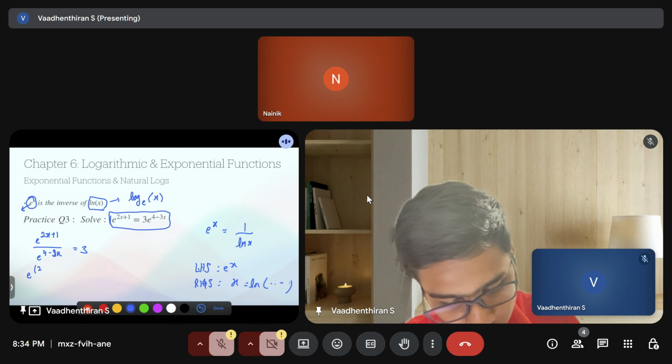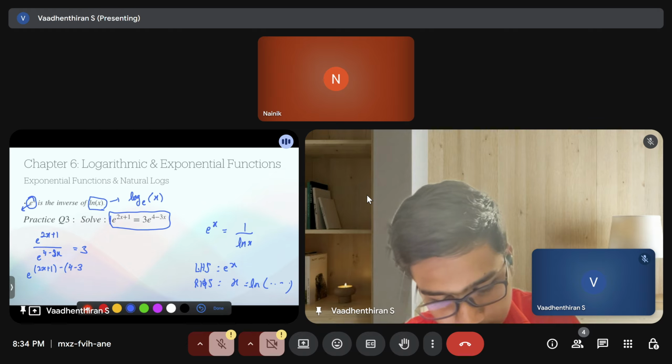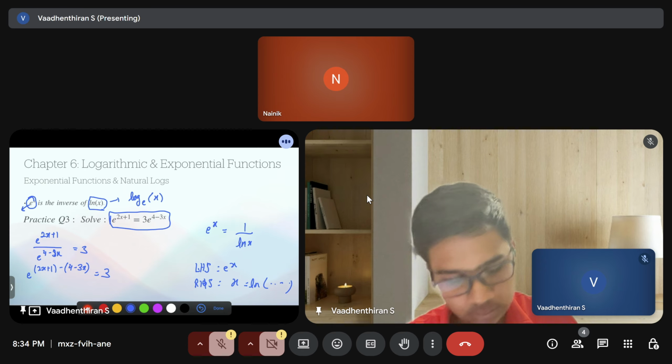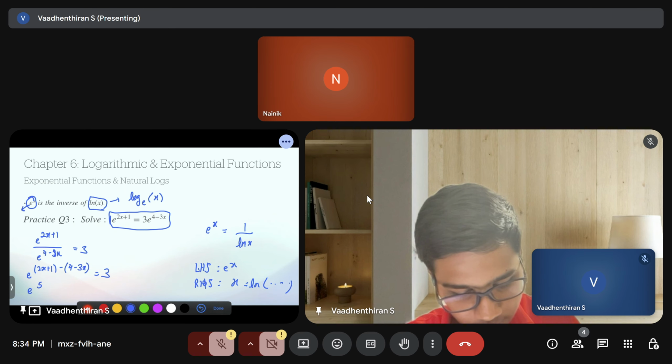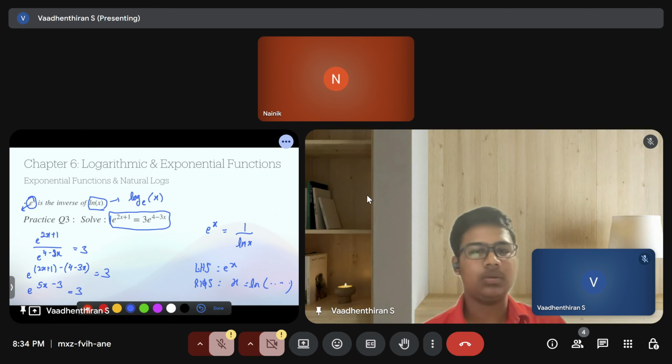So e to the 2x plus 1 minus 4 minus 3x equals 3. Minus of minus 3x is plus, so you get 5x, and 1 minus 4 is minus 3.